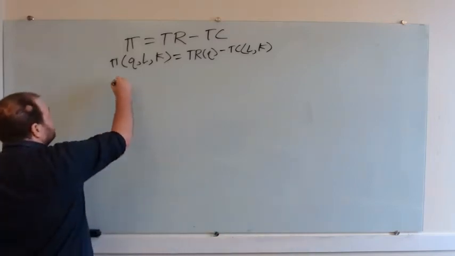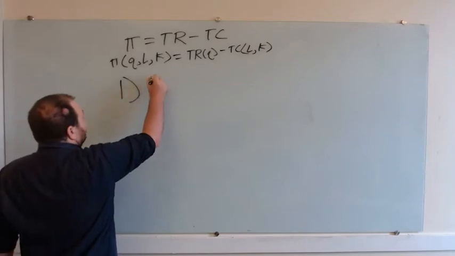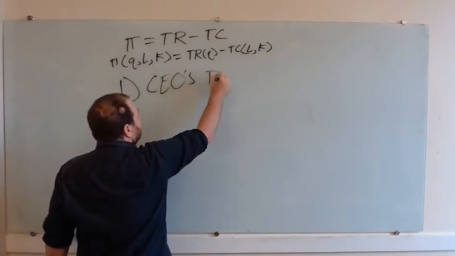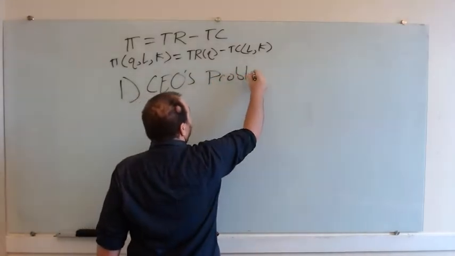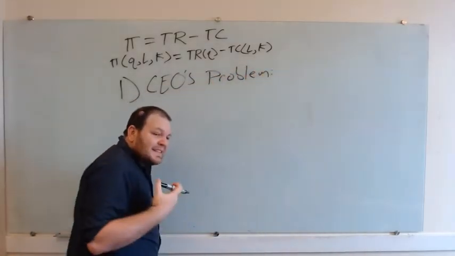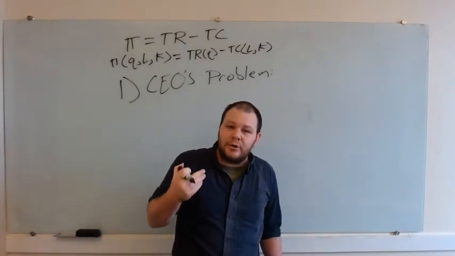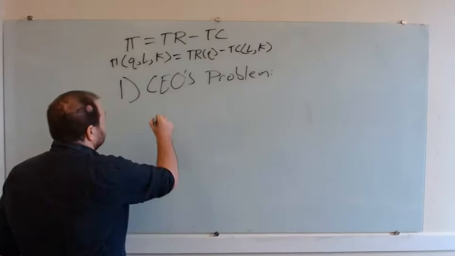The first one, I'll call the CEO's problem. This is effectively the question, how much output do I want to produce?